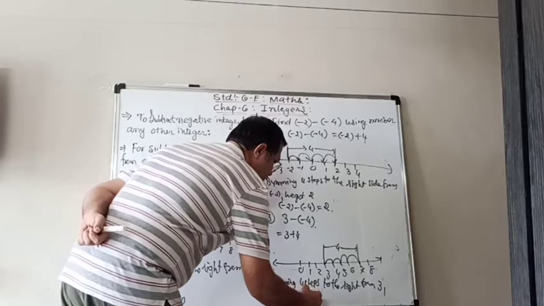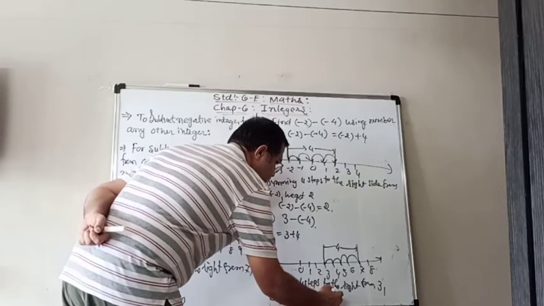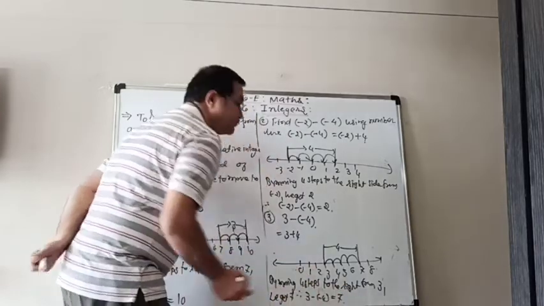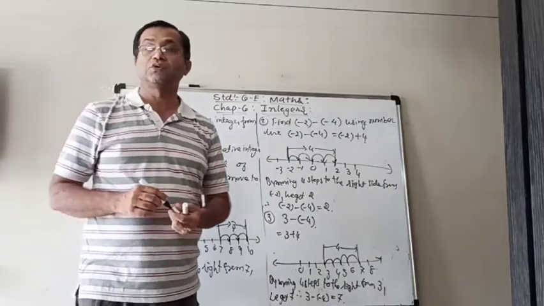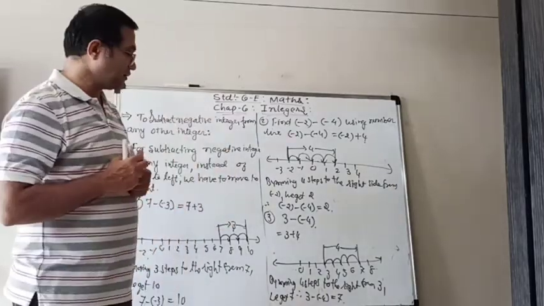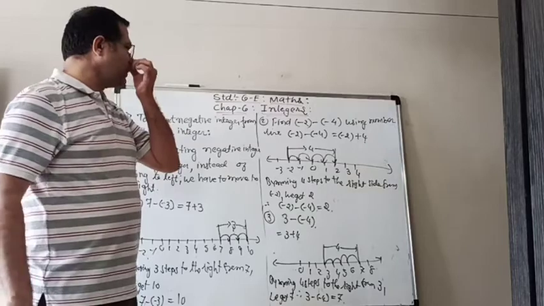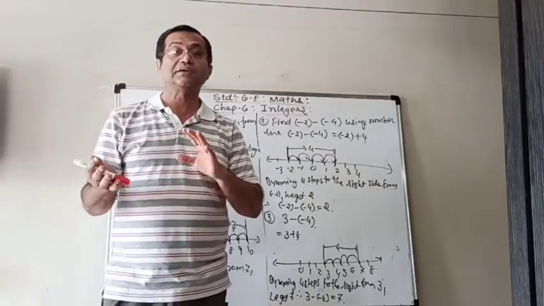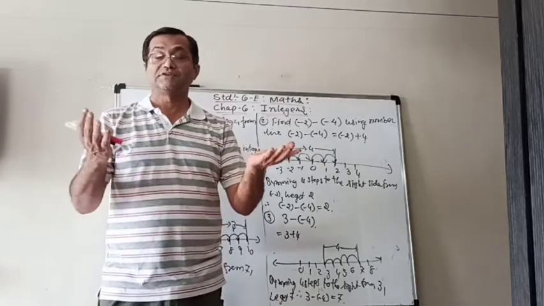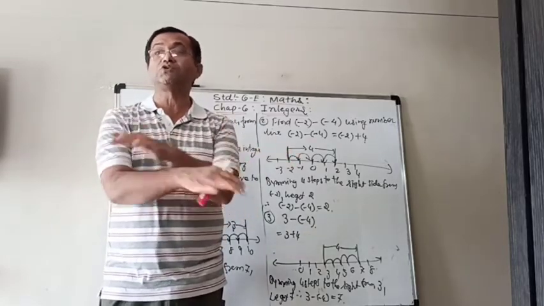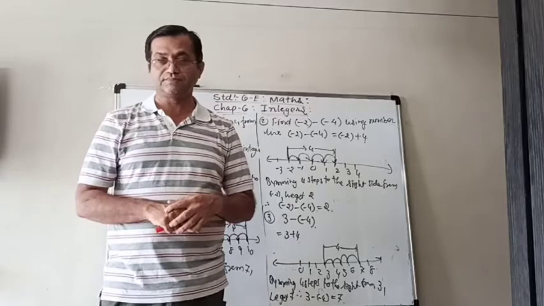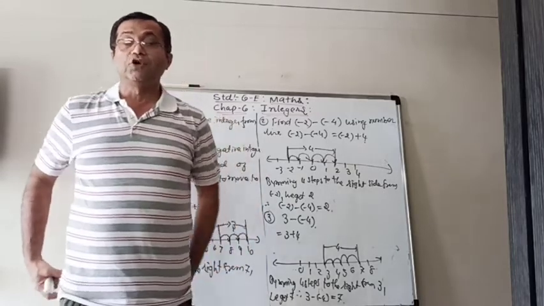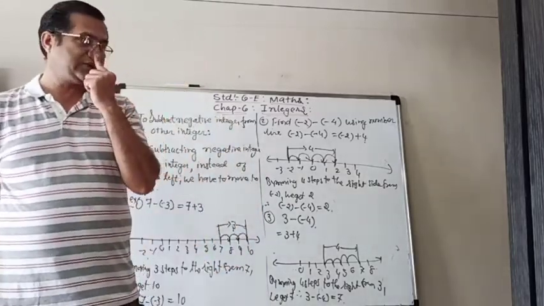Therefore, 3 minus minus 4 is equal to 7. So in this way, when adding or subtracting negative integers, just remember that we have to do the reverse action and not make a mistake.